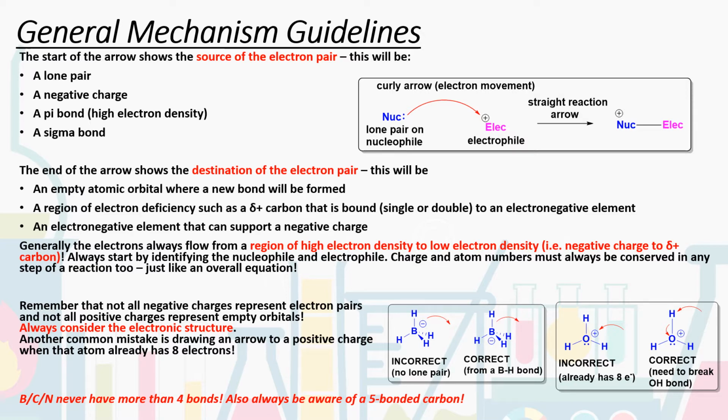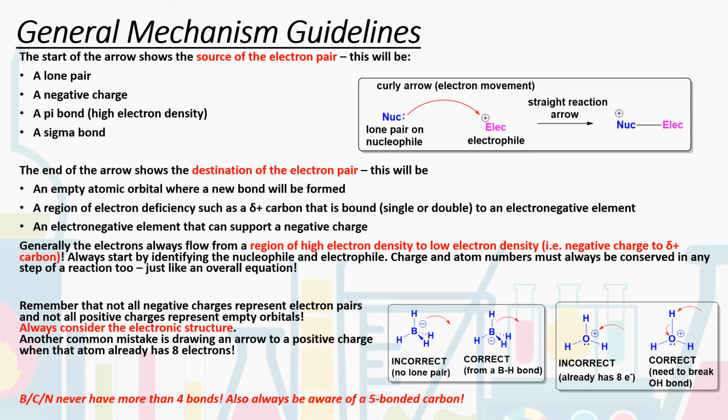And so, for example, if we were reacting our nucleophile with our HCl, the nucleophilic part would react with the delta-positive hydrogen. And then our second arrow here would be to draw an arrow from that H-Cl bond, ending up on the Cl. That's an alright arrow, because we've started it from a sigma bond, and we've ended it at an electronegative atom that's happy to take those electrons, it's happy to support a negative charge, because it's electronegative.